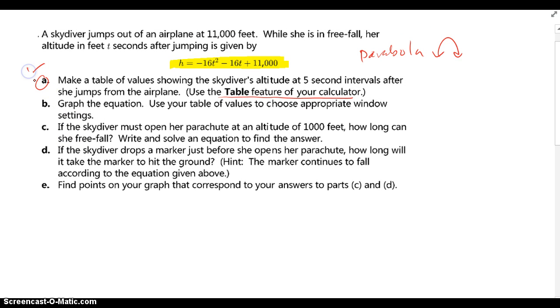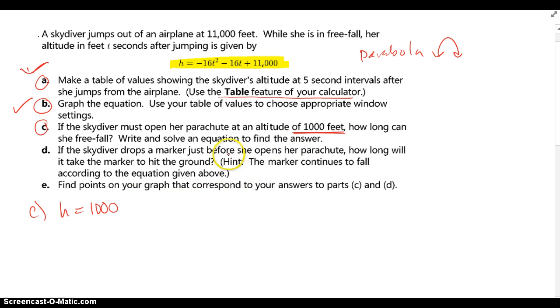Part B, we have graph the equation, so we did that using our TI and the table feature. Part C says, if the skydiver must open her parachute at an altitude of 1,000 feet, how long can she free fall? So for part C, we know the height is 1,000 feet.